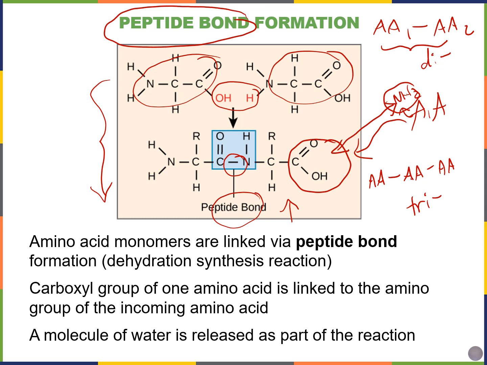And if I look really closely, I can see the backbone of my little chain is NCC, NCC repeating, nitrogen, carbon, carbon, nitrogen, carbon, carbon, and so forth. And almost always, again, you see the amino group written on the left of the chain and the carboxyl group written on the right side of the chain.